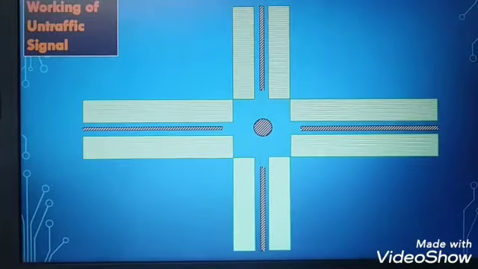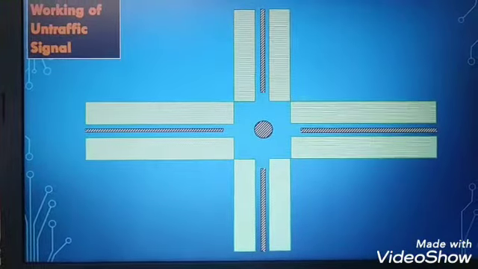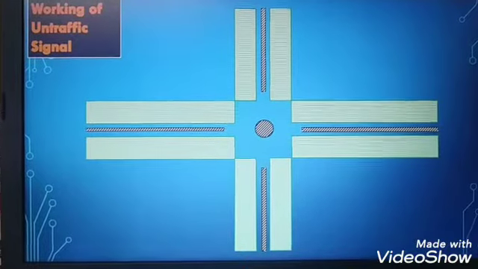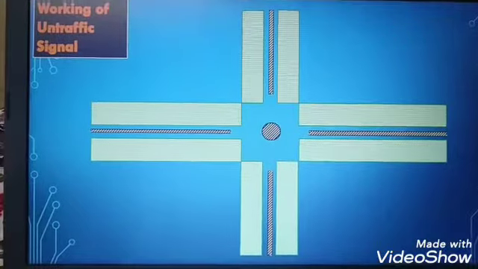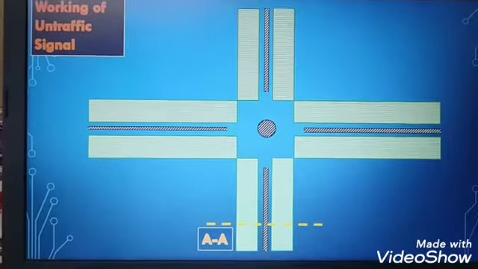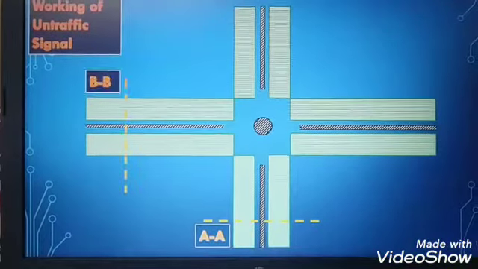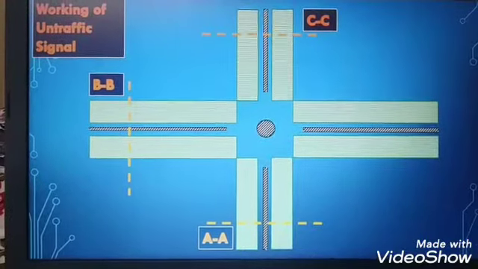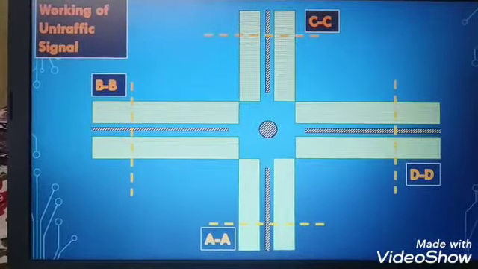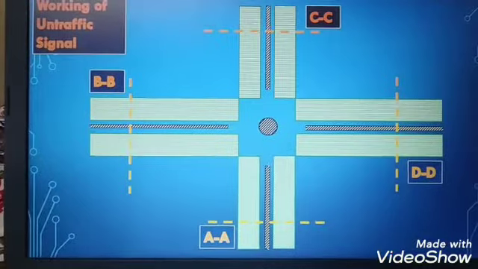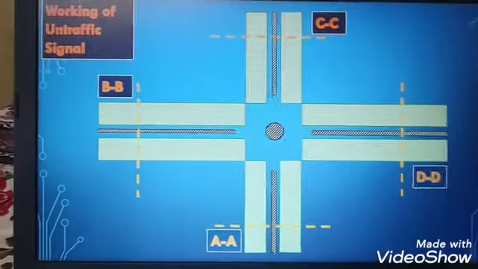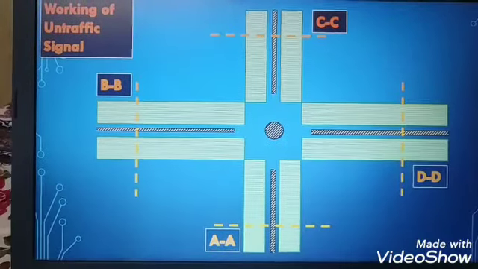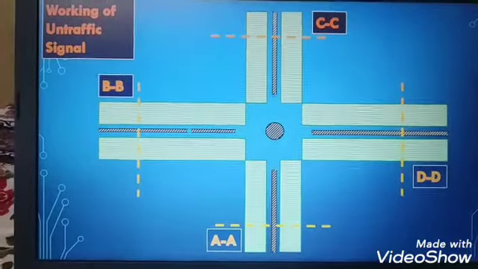So consider the normal intersection of four sides of a road. Say the four sides are AA, BB, CC and DD. Here I have shown two-way roads on each of the sides AA, BB, CC and DD with a divider in between them.